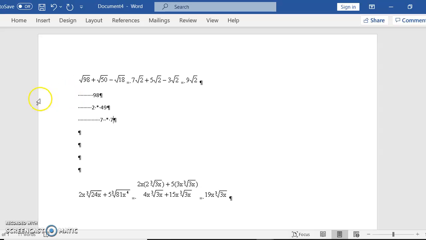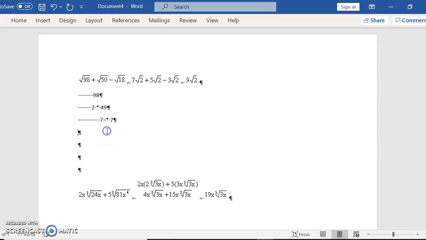So we have the square root, okay, because the index is 2. The square root of 49 is 7. You see that right here. And we can't do anything else with this, so the square root of 2 remains the square root of 2.